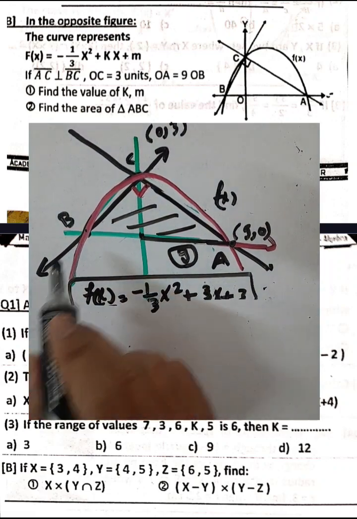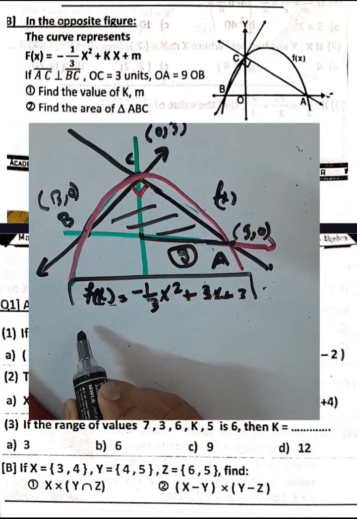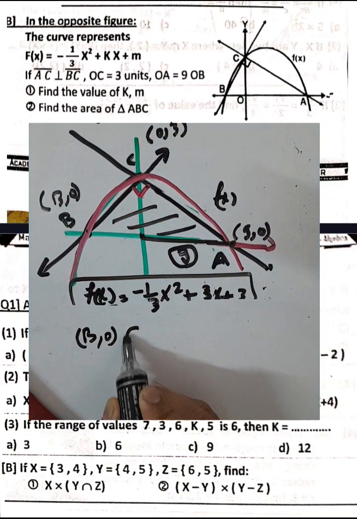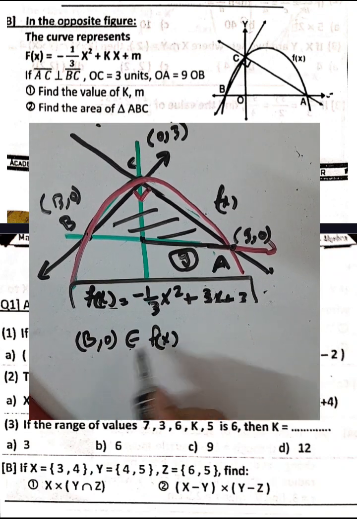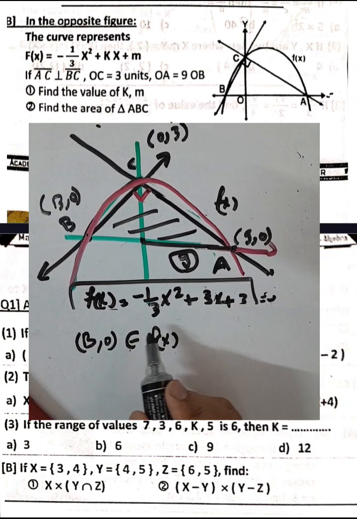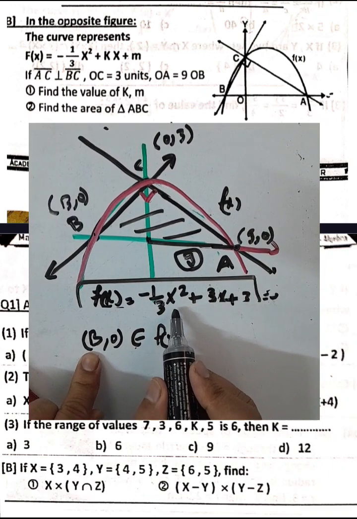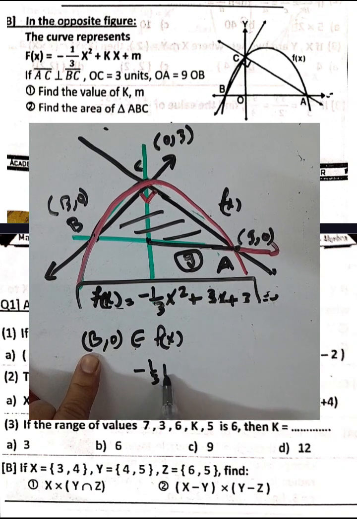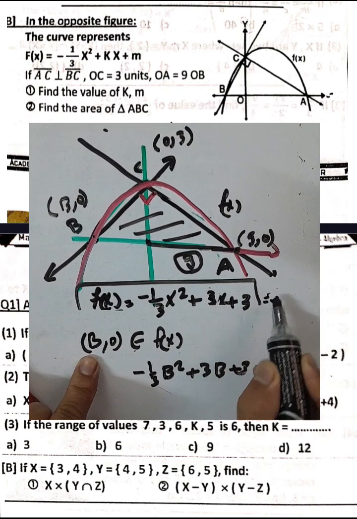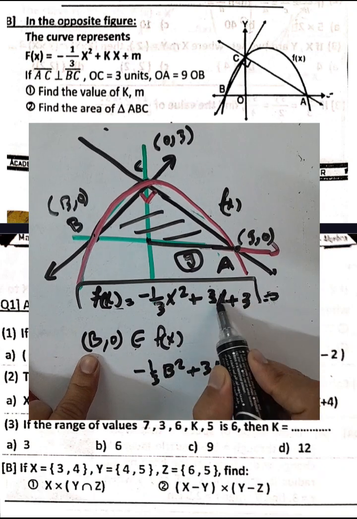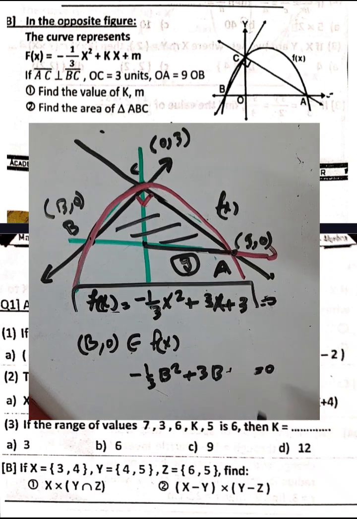How? This point I will write (p, 0), and this point (p, 0) belongs to the function f of x. Put x equal p and y equal 0. Then the result will be negative third p power 2 plus 3p plus 3 equals 0.